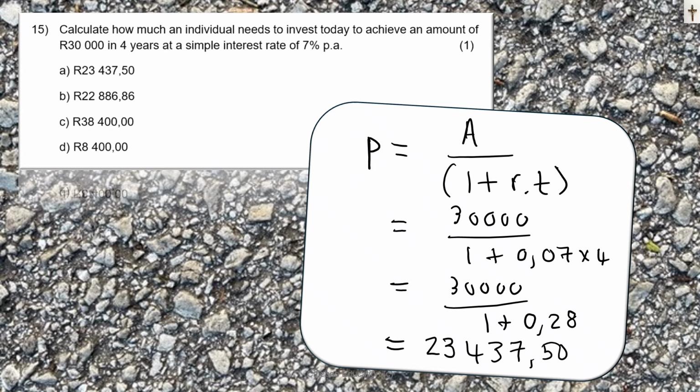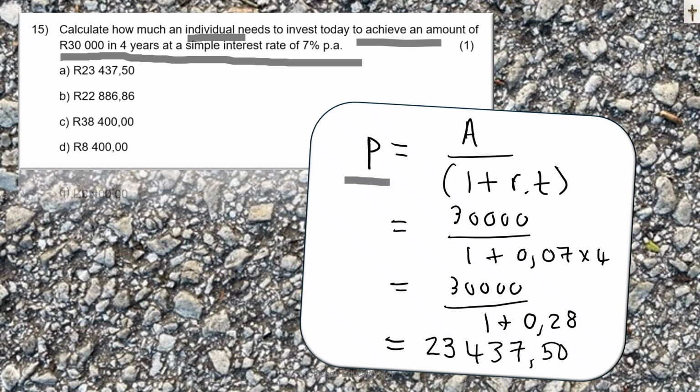Right, next question. It says calculate how much an individual needs to invest today to achieve 30,000 in 4 years at a simple interest rate.